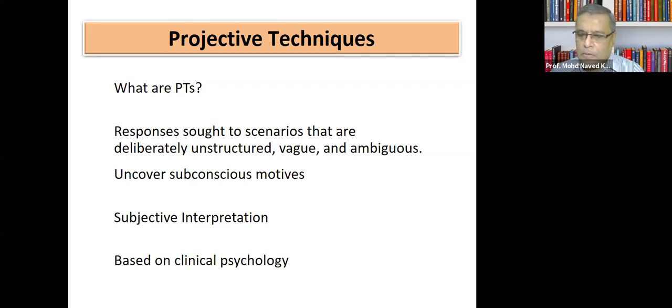And of course, because these methods are indirect, there is a lot of subjectivity. As far as interpretation is concerned, if you are employing, for example, two people who are experts in the field, both of them may interpret the same thing in a different manner. So that is why there are issues as far as validity is concerned, as far as repeatability is concerned.